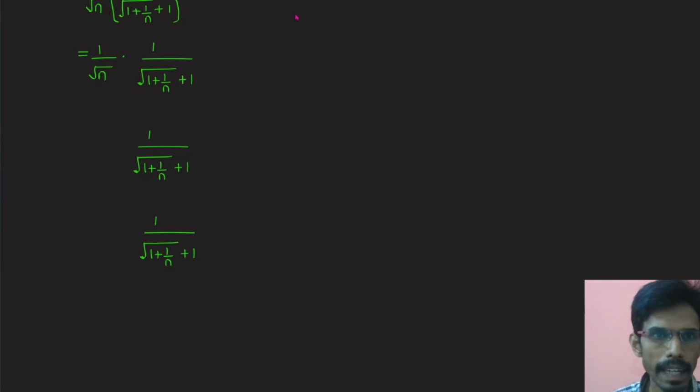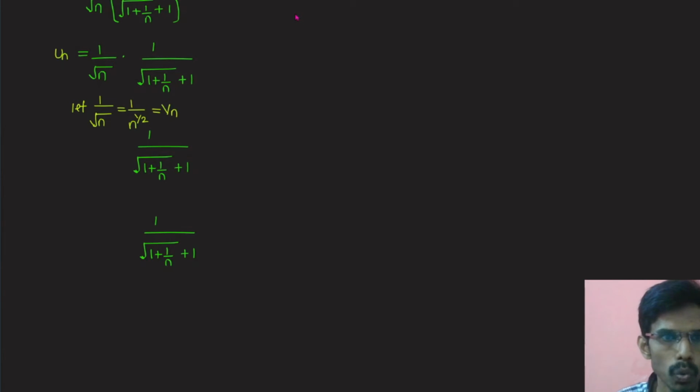Now here we have un. Now let us take this 1 by root n value, that is 1 by n power 1 by 2, root can be written as power 1 by 2, as Vn.